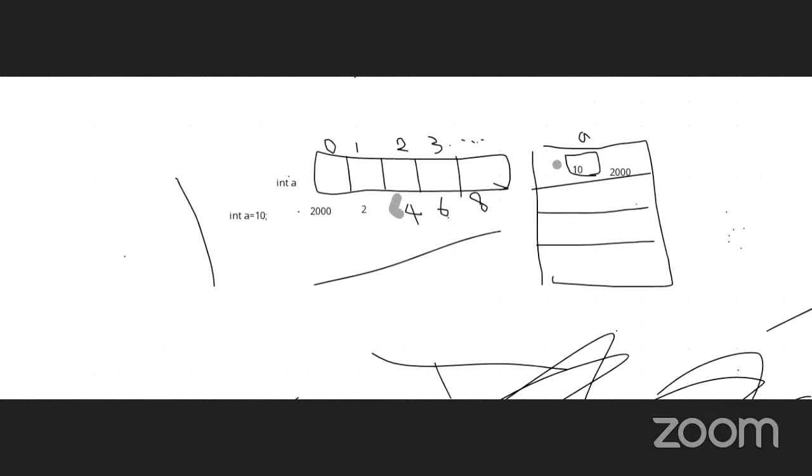Like this it will be stored, and normally we access it using the normal array, either A of 0 location.